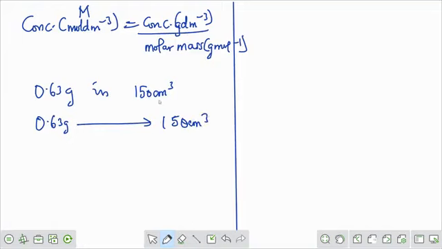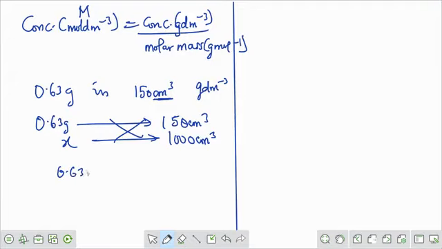The main aim is for you to convert this to dm cube. So you say 1000 cm cube here. You make this your x, then you cross multiply. The aim is that we want to get gram per dm cube, because gram per dm cube is in this equation, so that we can quickly get our answer. So we will have 0.63 times 1000 divided by 150. Anything you get will be in gram per dm cube.